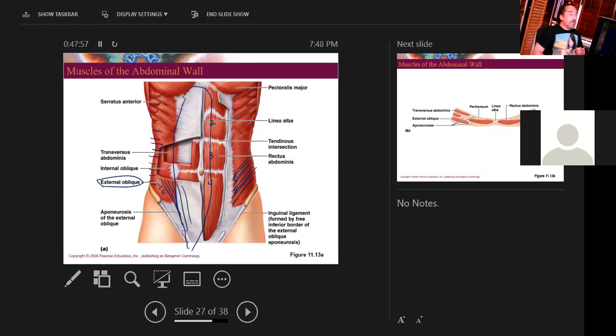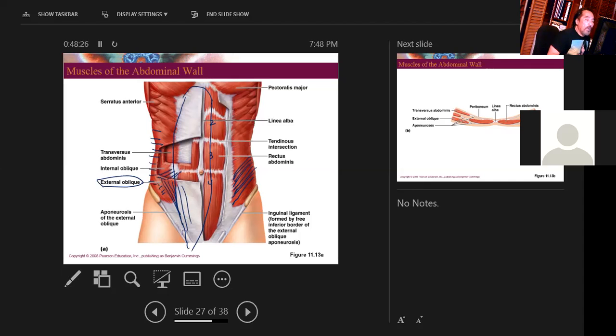So where's my internal oblique? You need to cut off that external oblique in order to expose the internal oblique. And then their fibers go lateral to medial, going out. And that's the internal oblique. It's just like putting your hands towards your body, going up.